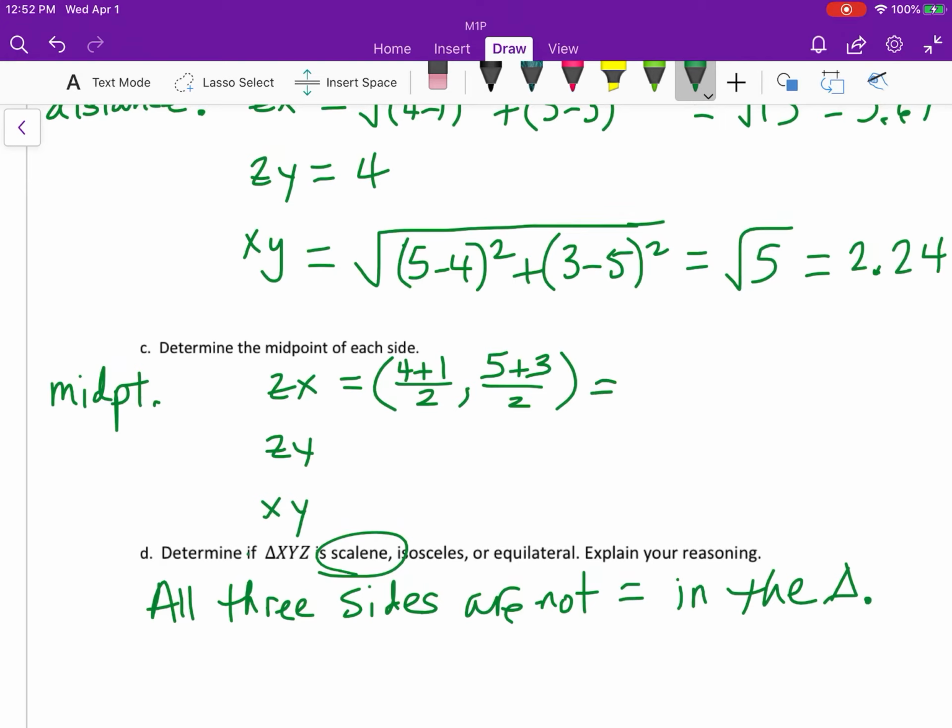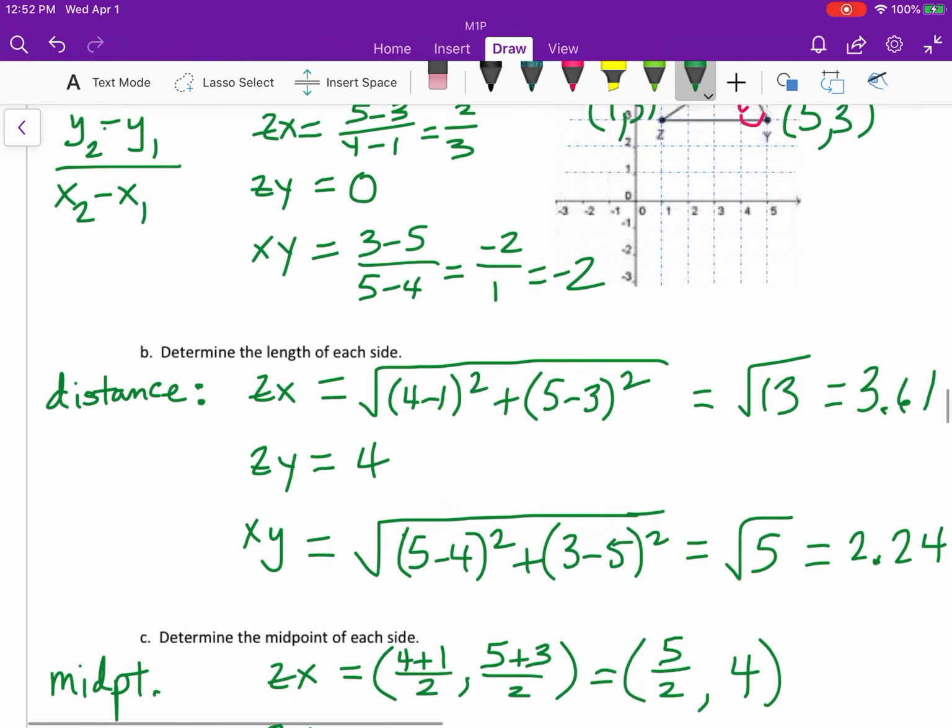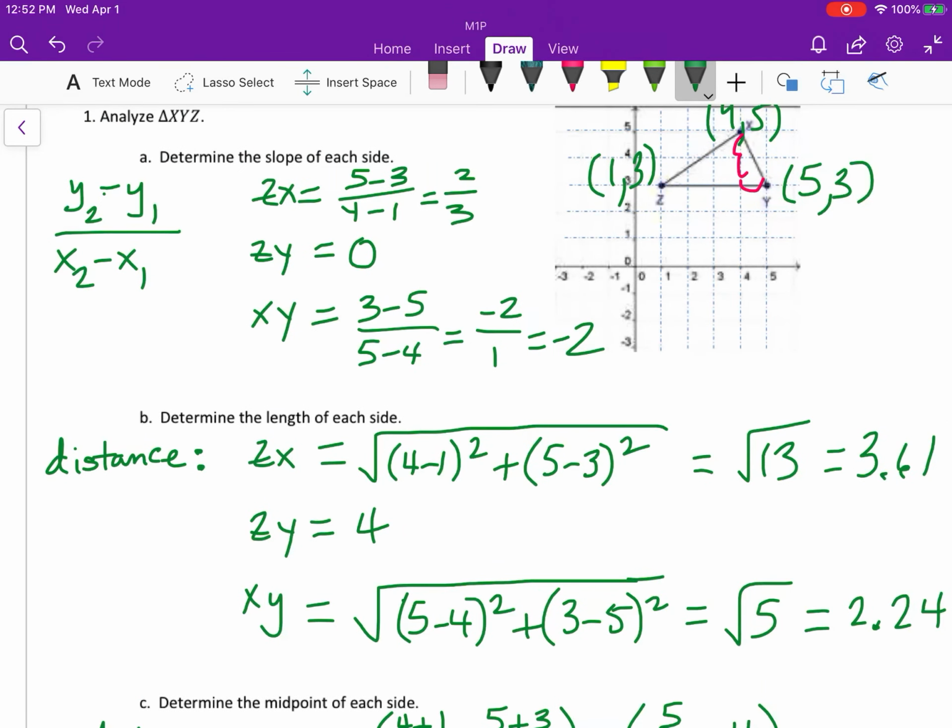So we end up with 4 plus 1 is 5 halves, and 5 plus 3 is 8 over 2, which is 4. So (2.5, 4) would be my midpoint of ZX.